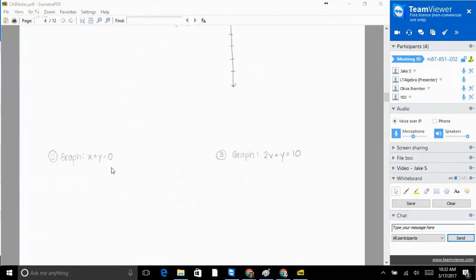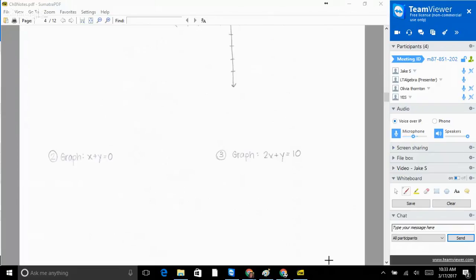We have x and y generally as the two variables that we're going to deal with in this section. So if I wanted to graph x plus y equals 0, and I'm going to do it by hand, what you need to do is find a few points that work for this equation and graph them.